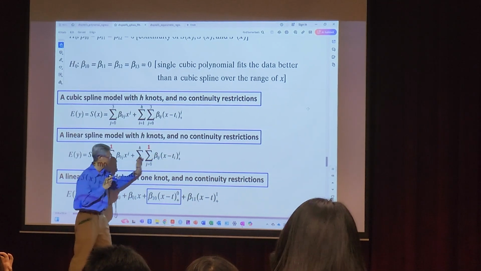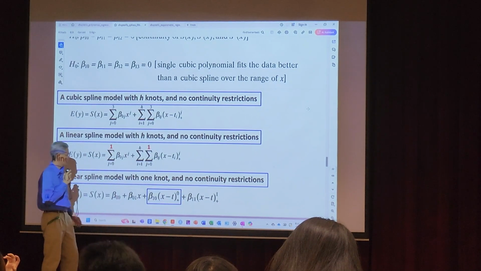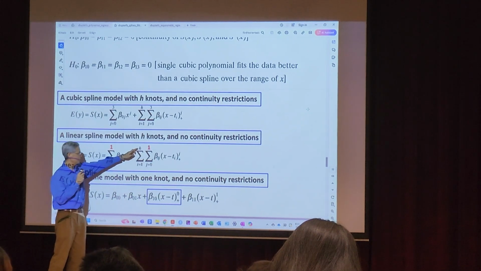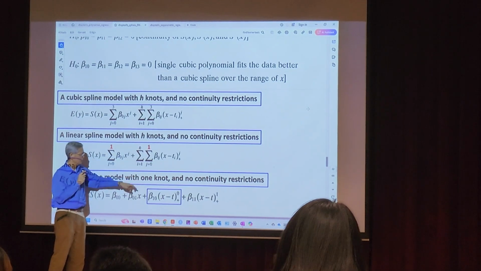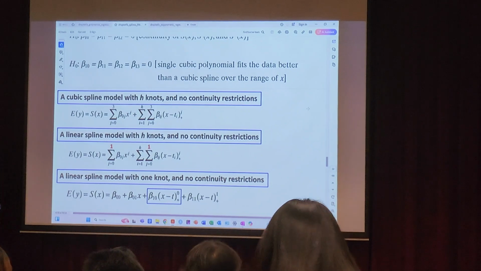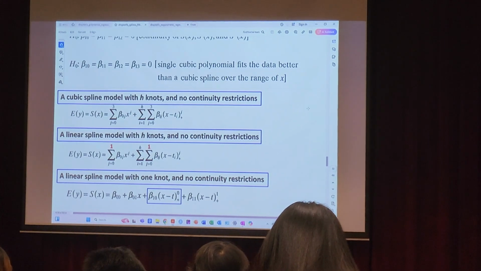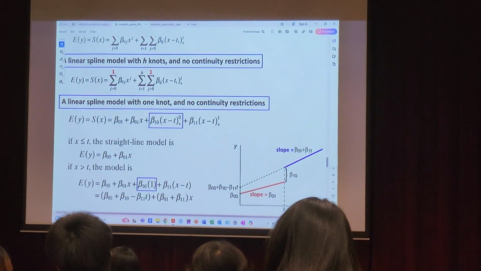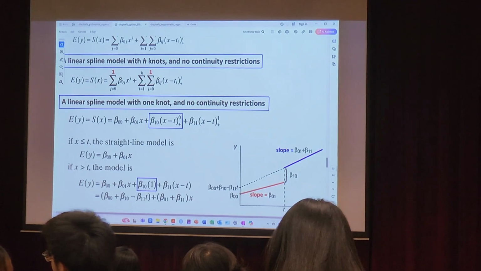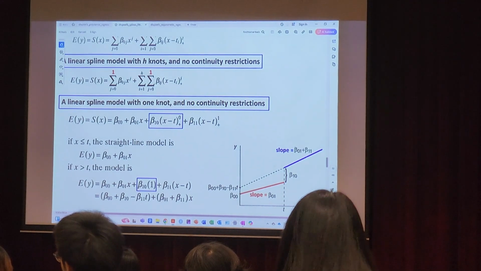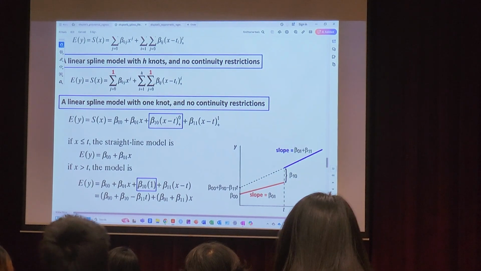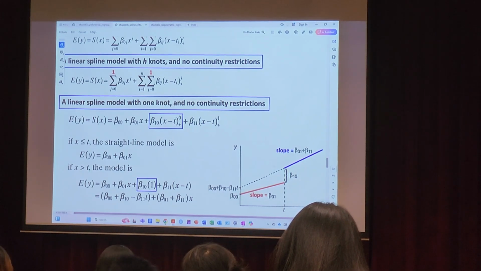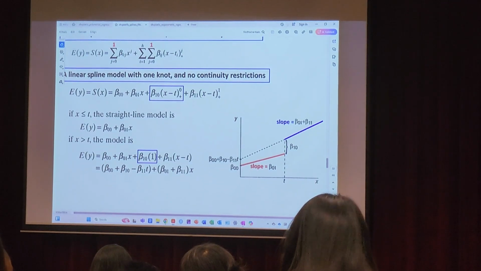So the inner sum has 2 terms: one is beta 1, 0, one is beta 1, 1. Remember here, for this case, H is 1. So, the third one says we have a straight line model in each of the segments, and we allow for discontinuity. And this is what you will see here.